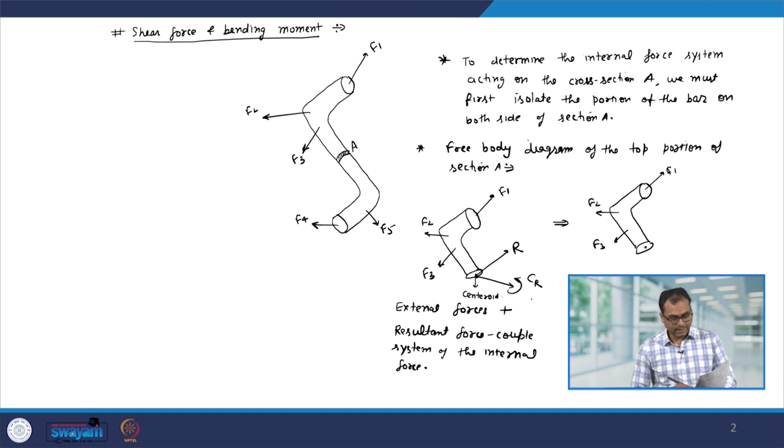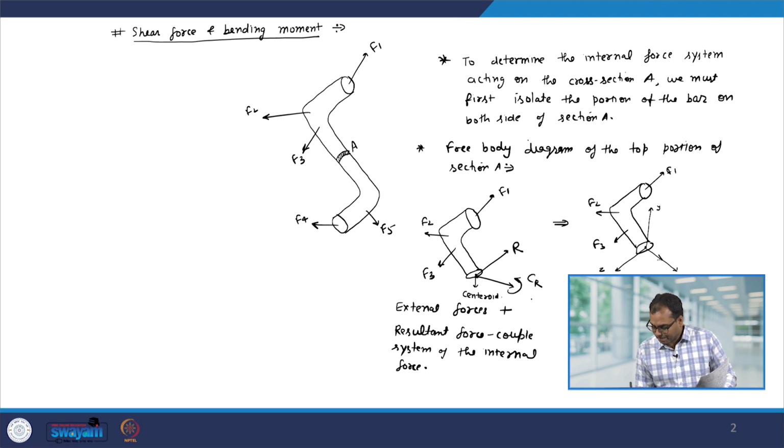Now, this resultant R I can write down in terms of the x, y and z coordinates. So, let us say this is the x axis, this one is the y axis and this one is the z axis.